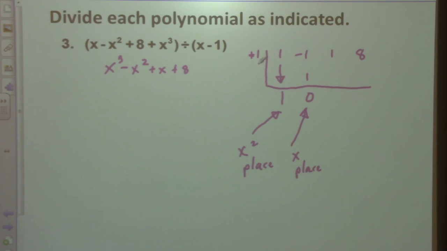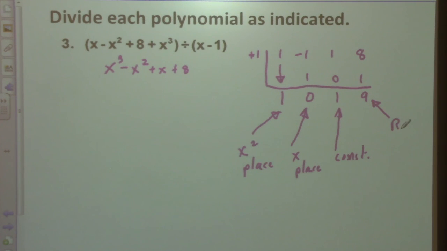And then we have 1 times 0, 0. 1 plus 0, 1. Okay, this is our constant place. Constant, just a number, right? And then we have 1 times 1, 1, and 9, and what is this called?